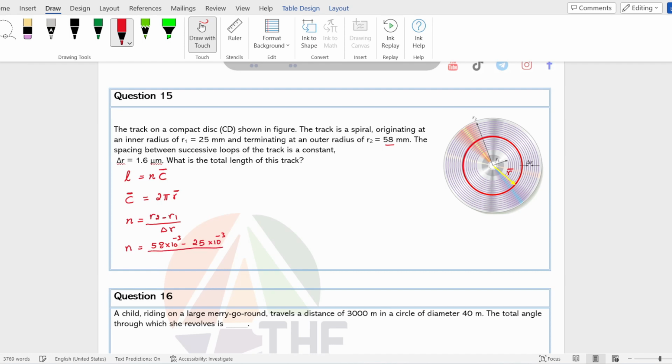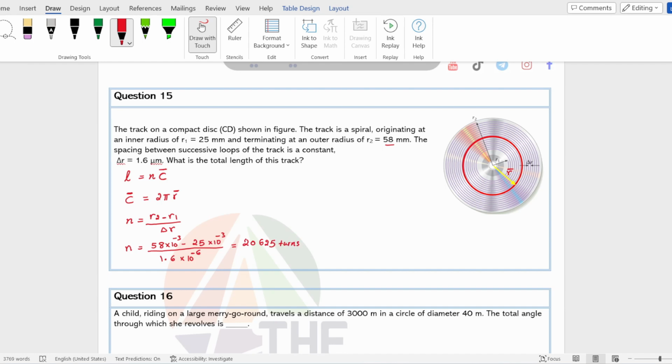Now this is divided by delta R. The delta R is the successive distance between two consecutive turns. فبالتالي it's given as 1.6 micrometers, so we convert to meters, which is 1.6 times 10 to the power negative 6. If we use the calculator, we will get 20,625 turns.